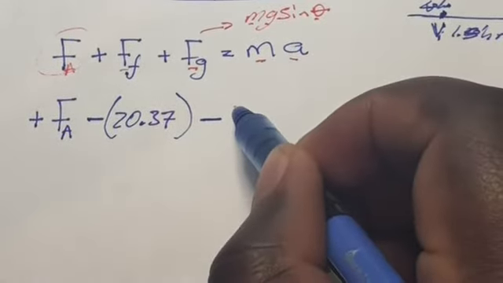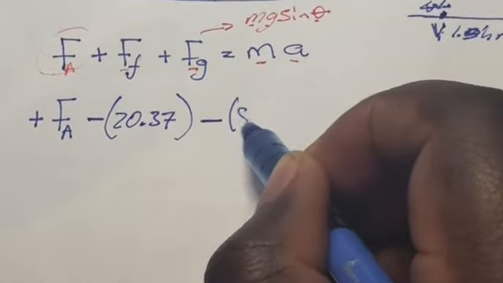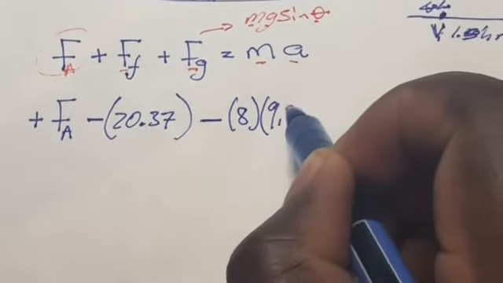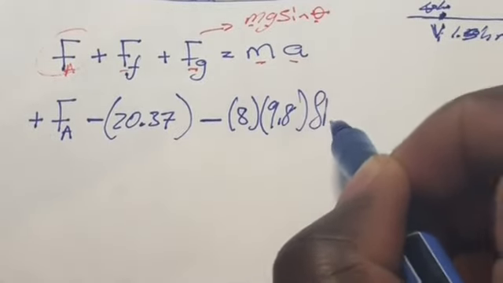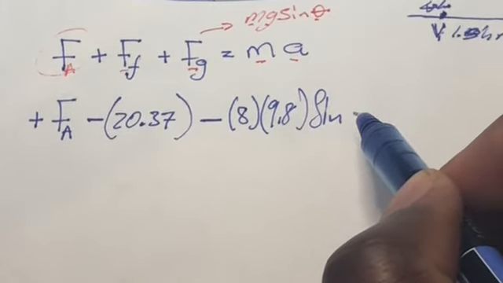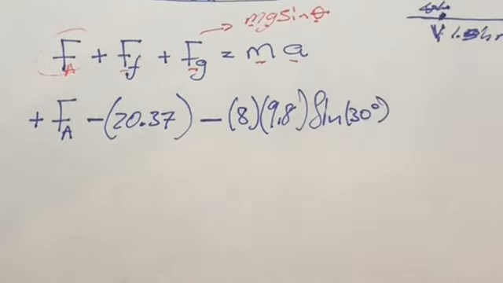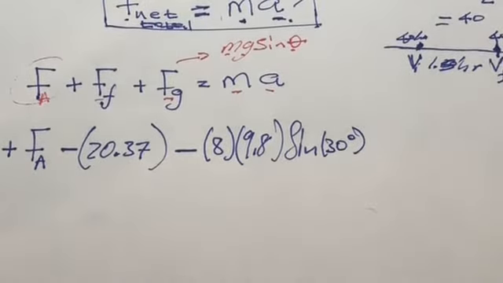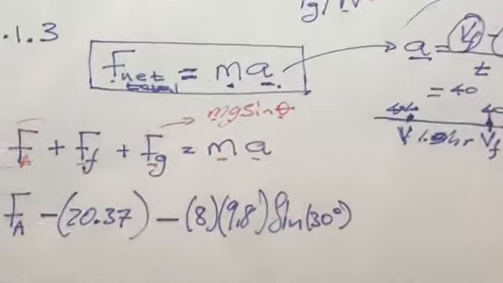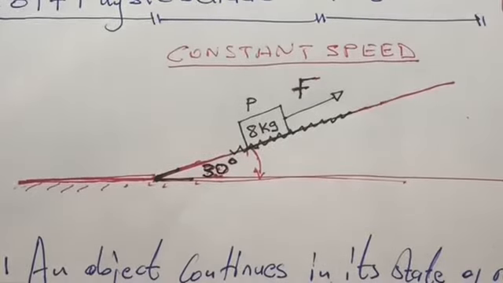It's therefore m. What is the mass of that object? It's 8. What is the gravitational acceleration? It's 9.8. Sine of which angle? We are talking about the angle of 30 degrees, so that's where you substitute the 30 degrees angle. Let me refer back to the original diagram.